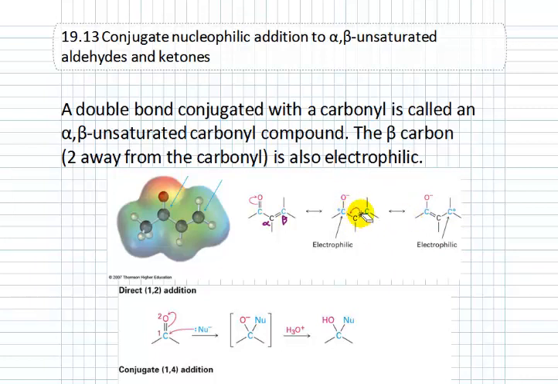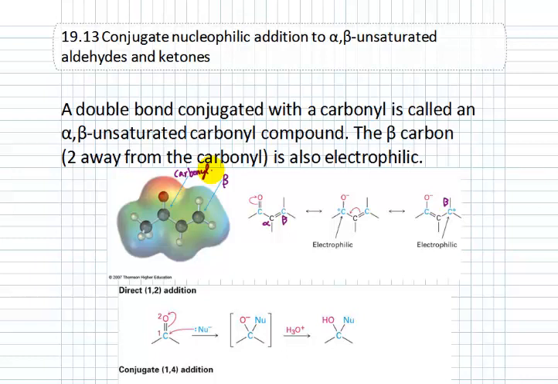The double bond can shift over towards that C+, making the beta carbon have a plus on it in a resonance structure. So in this compound, both the carbonyl carbon and the beta carbon are electrophilic. Right. So that's the nomenclature we use. The carbonyl carbon and the beta carbon are both electrophilic.